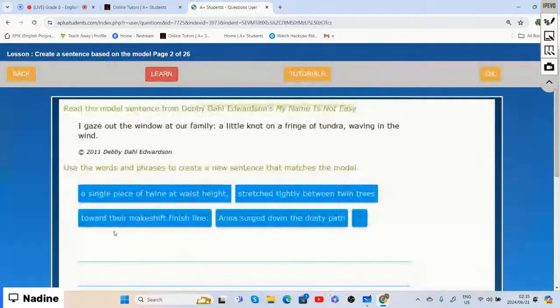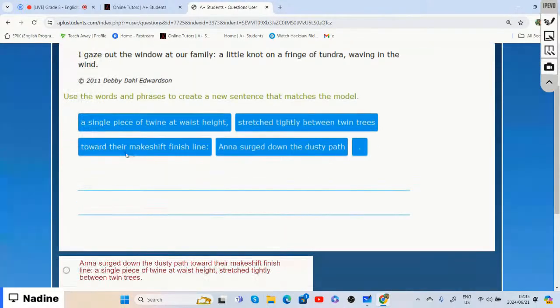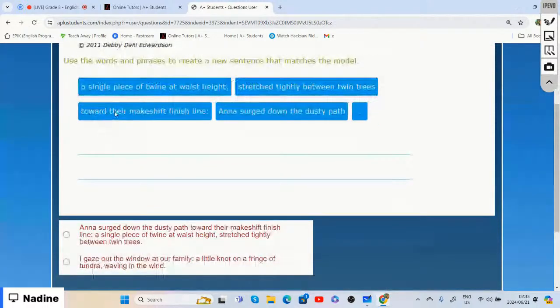All right, the model sentence says, I gaze out the window at our family, a little knot on a fringe of tundra waving in the wind. So now we need to use these words and phrase to create a new sentence that matches that model. We're going to start with Anna surged down the dusty path, right?